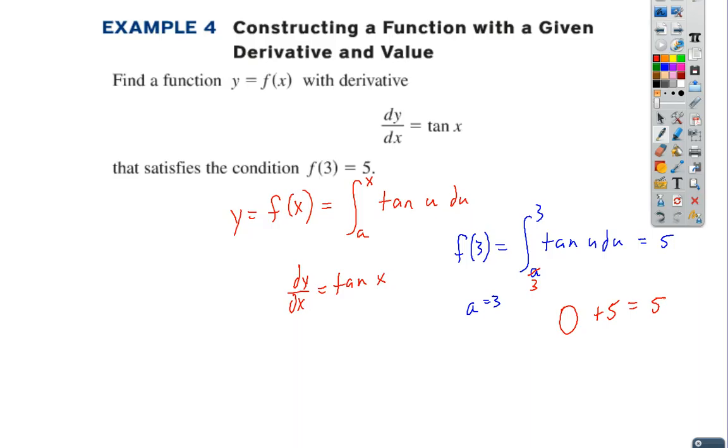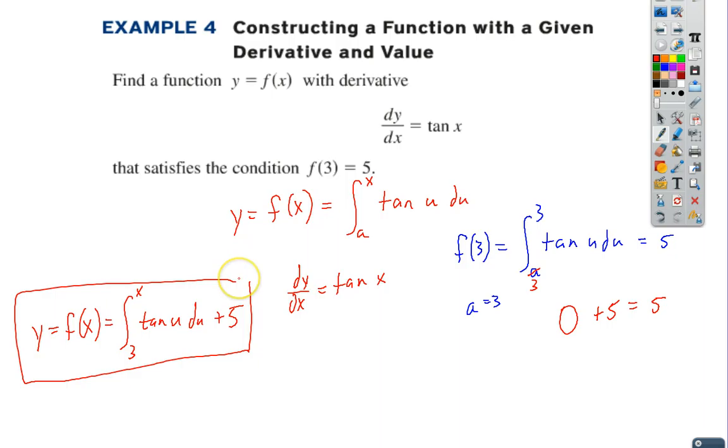So what does that mean my final answer is going to be? It's going to look like this. My y is equal to f of x, which is equal to the integral from 3 to x of tangent u du plus 5.